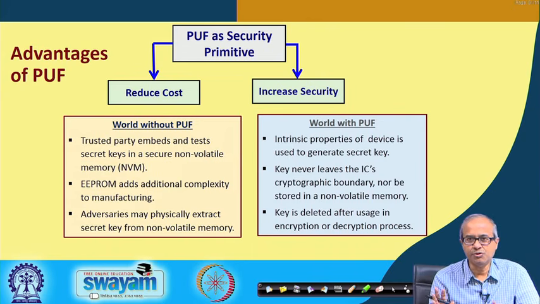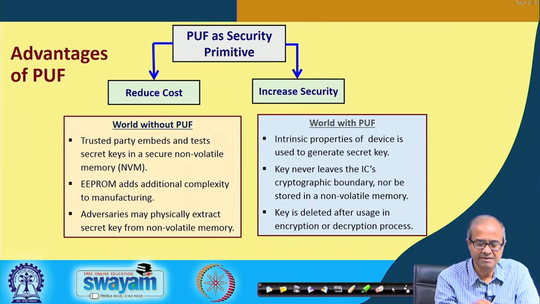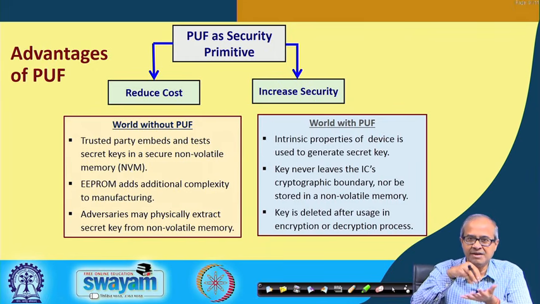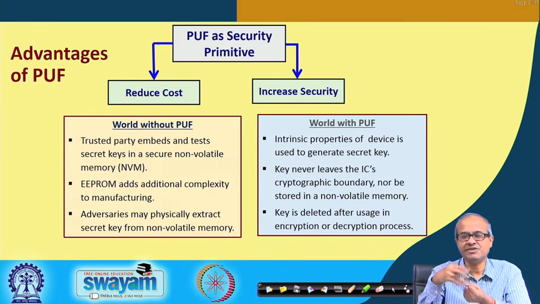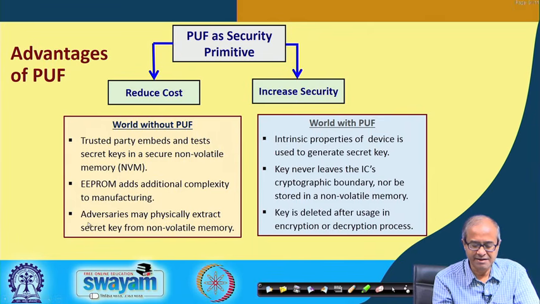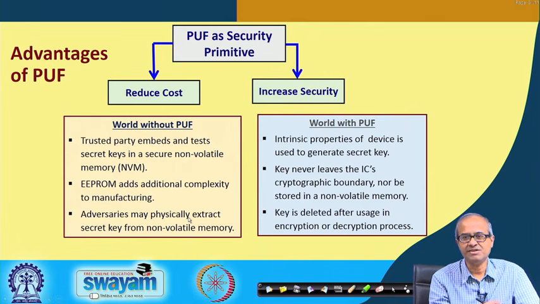If there were no PUF, then a trusted party embeds and stores secret keys in a secure non-volatile memory. This is the typical thing which is done. Inside the chip, some secret value is stored in a non-volatile memory that is used for encryption and decryption. There is some kind of flash memory or EEPROM, and an adversary or an attacker can physically extract it through side channel attacks.